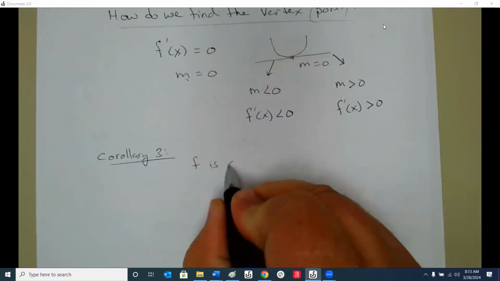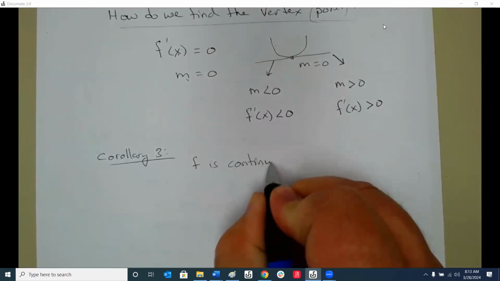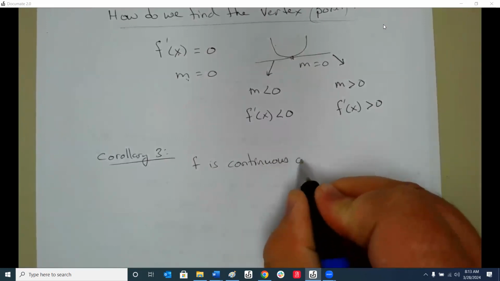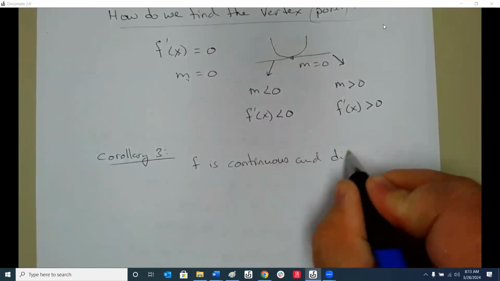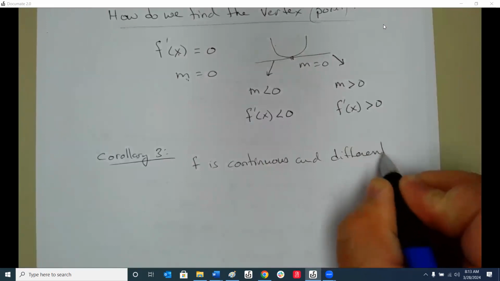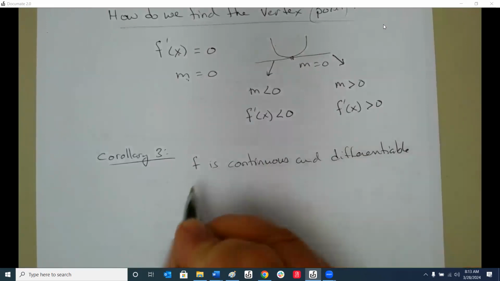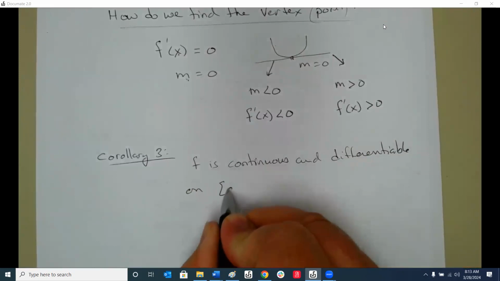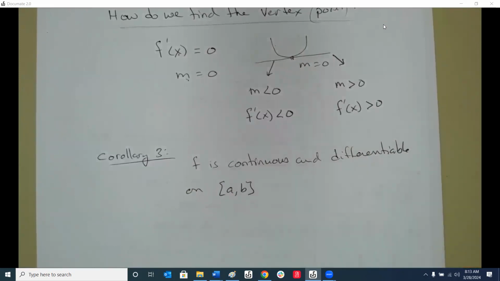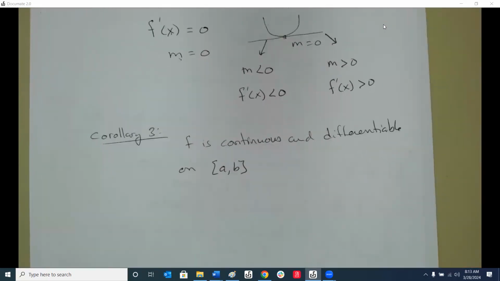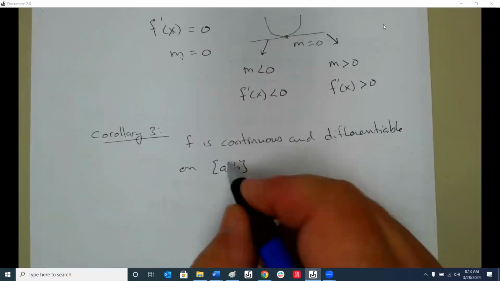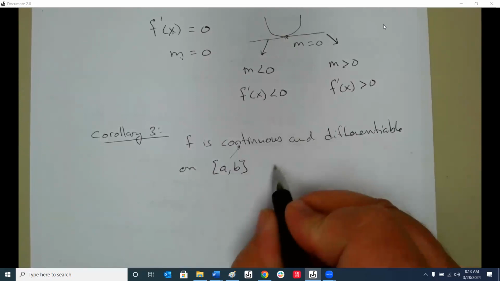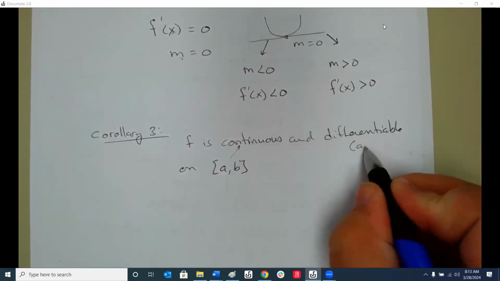F is continuous and differentiable on a closed interval. It says it's continuous on this closed interval and differentiable on the open interval.